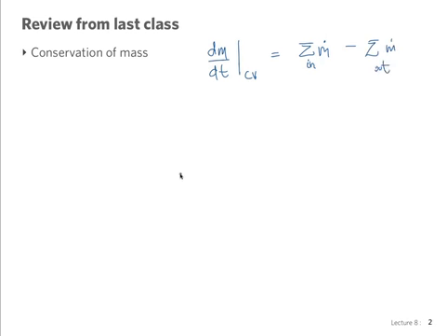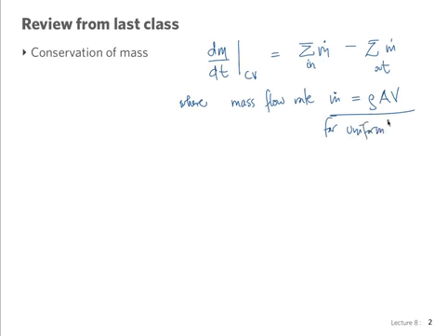That is the simplest form of the conservation of mass, where the mass flow rate, m dot, we usually can use a very simplified expression for that, which is rho AV for uniform velocity, which many times we can assume using perhaps an average value of the velocity if it's a pipe or something like that.